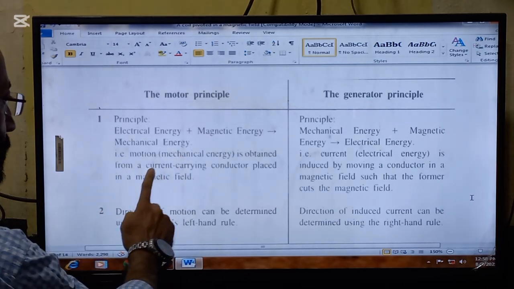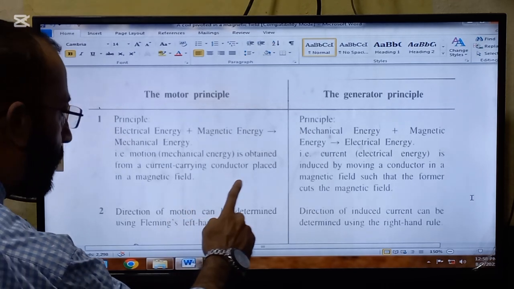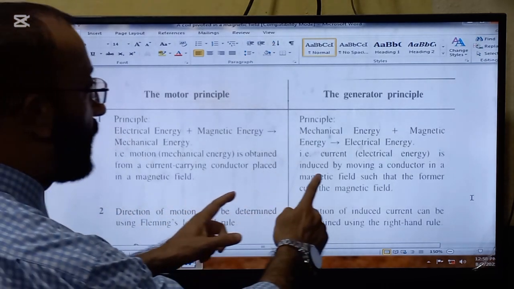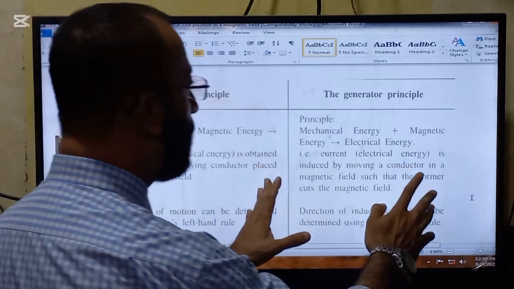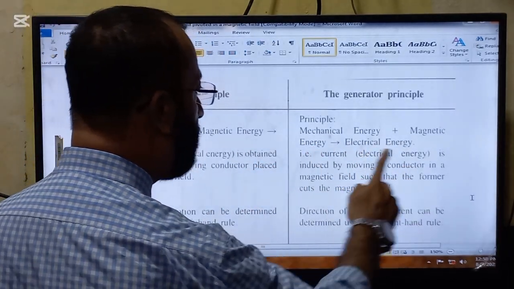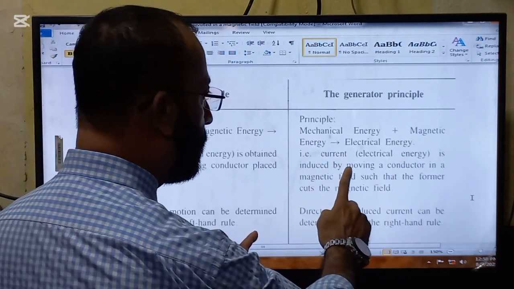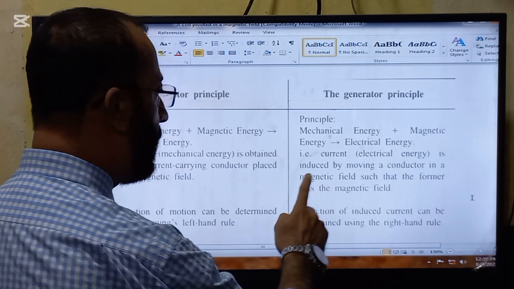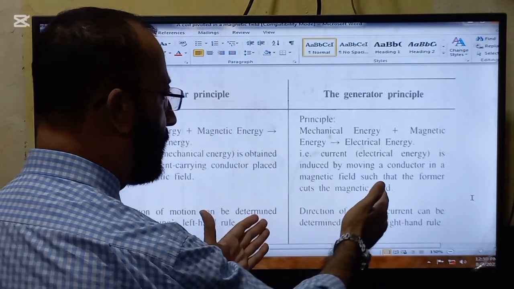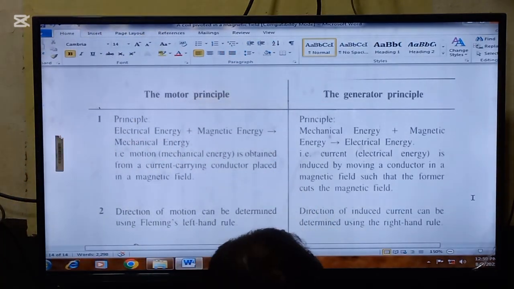That is, motion, mechanical energy, is obtained from a current carrying conductor placed in a magnetic field, whereas the generator principle is mechanical energy plus magnetic energy forms electrical energy. That is, current, electrical energy, is induced by moving a conductor in a magnetic field such that the conductor cuts the magnetic field.